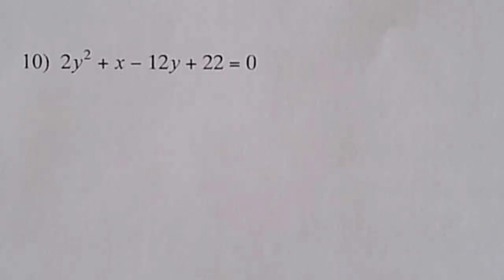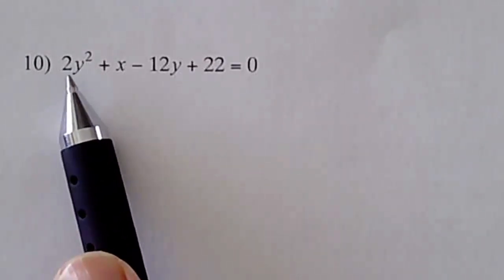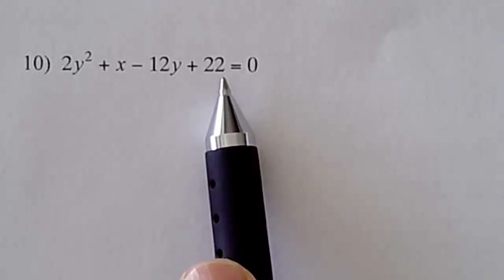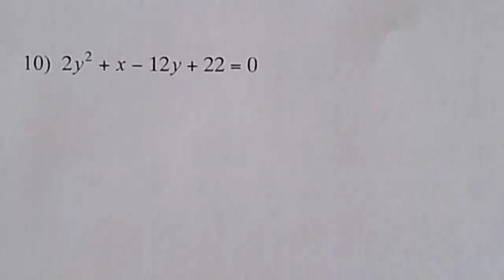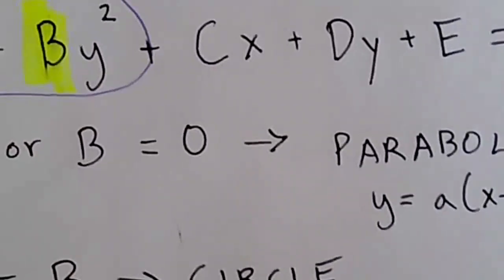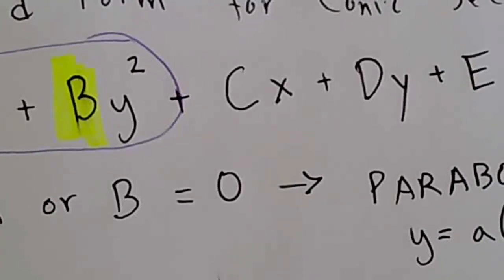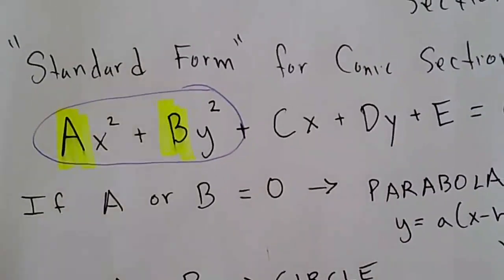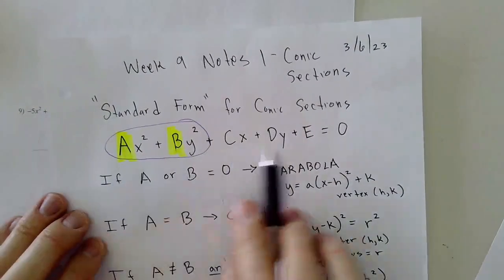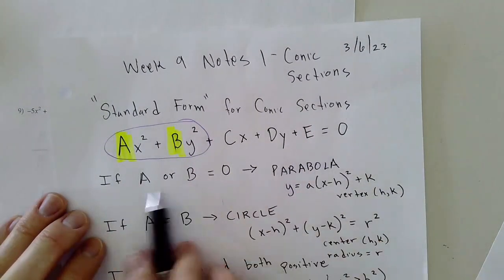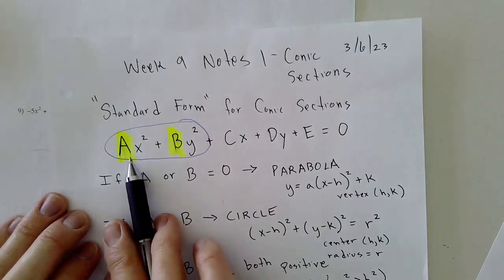And we look at this and we say, okay, well, it looks like it's in standard form, and it is, but the problem is we are missing an x squared term. So if we're missing an x squared term, then what does that mean? Well, if we look back at our reference sheet that I made on Monday this week, standard form looks like this, and if one of these was 0, then it's just going to disappear, because anything times 0 is 0.